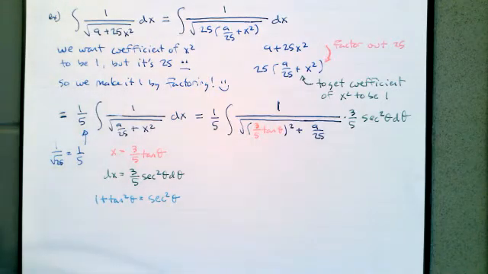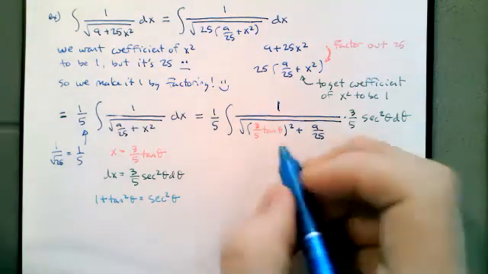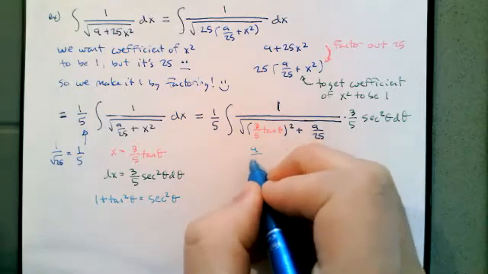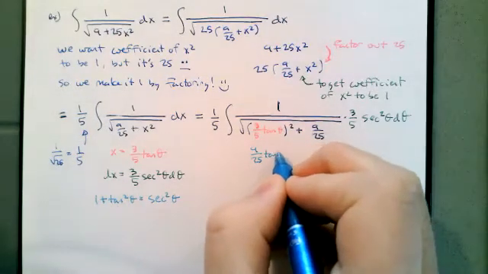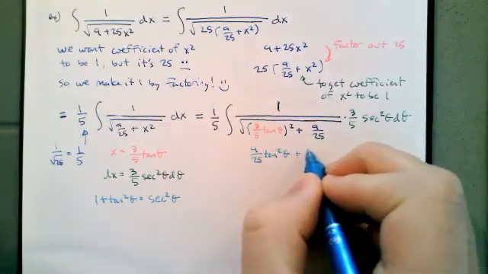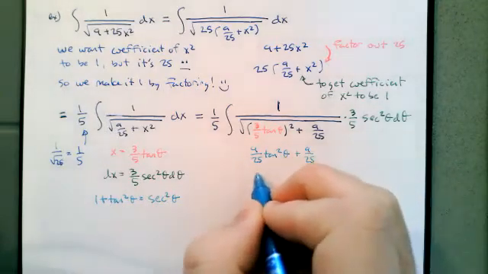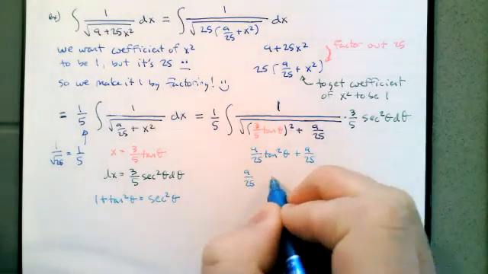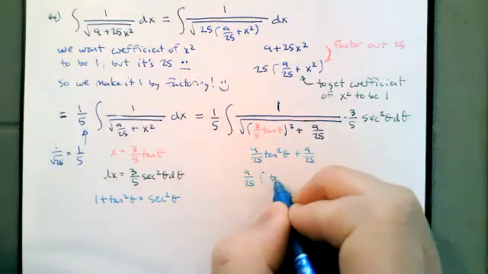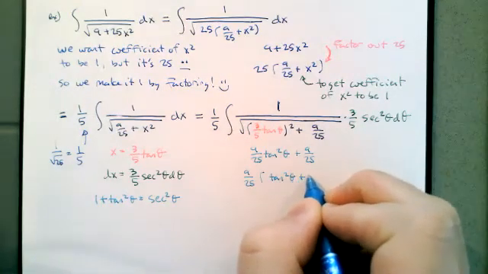So now that I've made the substitution, the thing happens. The reason that we're doing this: 3/5 tangent squared is 9/25 tangent squared theta plus 9/25. We can pull out a 9/25 and we're left with tangent squared theta plus 1.